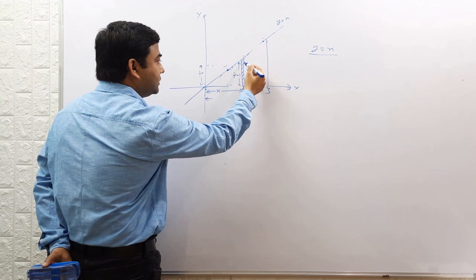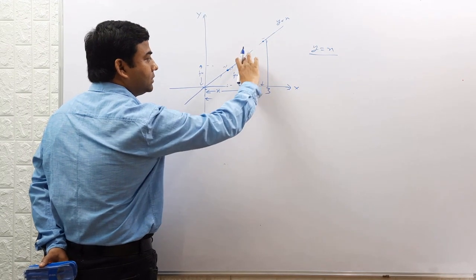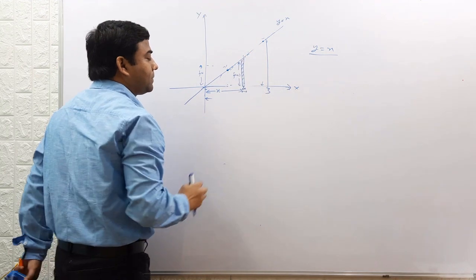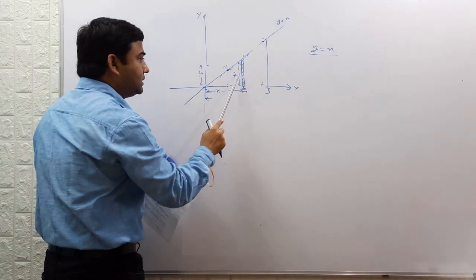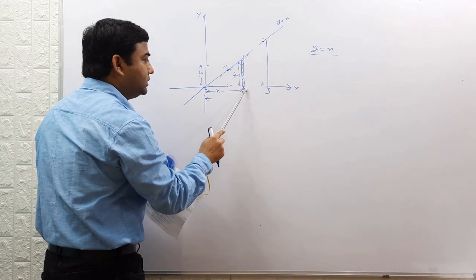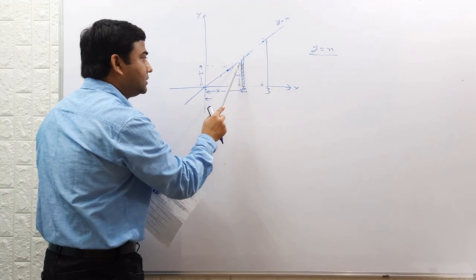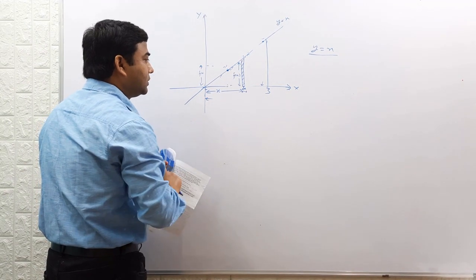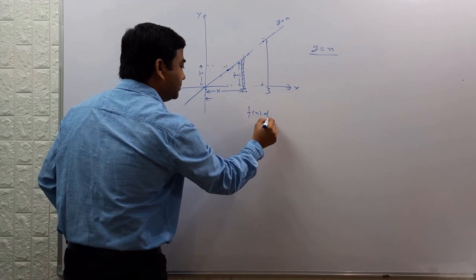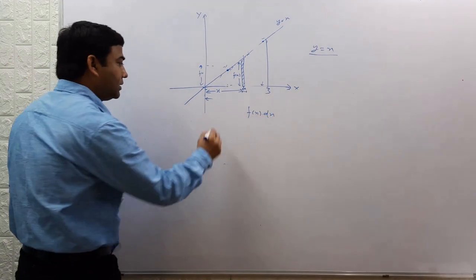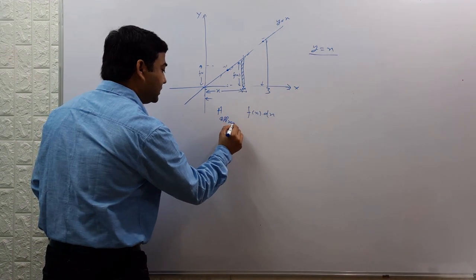Actually, this height will be equal to f(x plus dx). But we assume that during this small increment, this height is almost constant. So the area of this strip is f(x) into dx, and this is the approximate area.